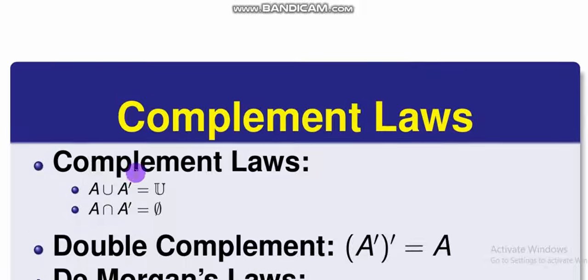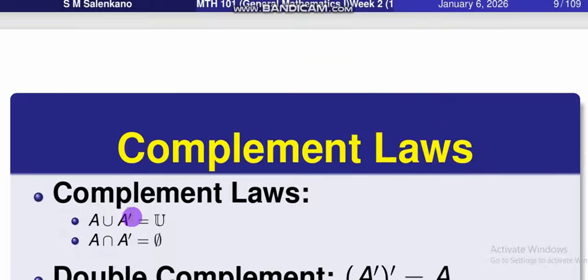So all elements that are not in A are contained in this set. And then you have A again. So when you combine the elements in A and the elements that are not in A together, you are going to have the universal set, right?